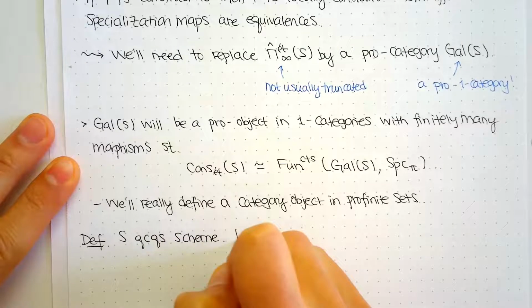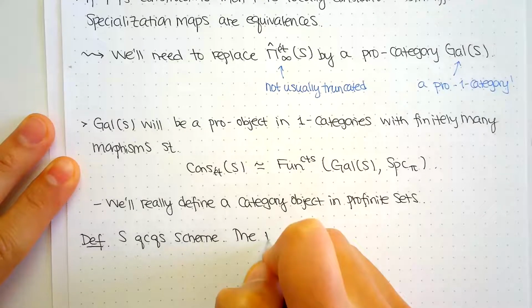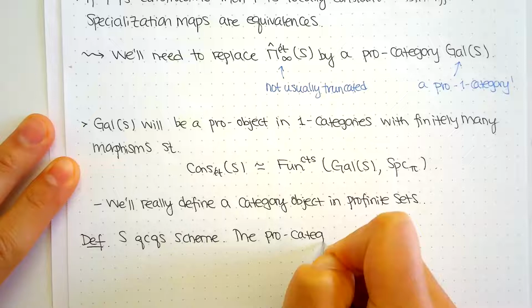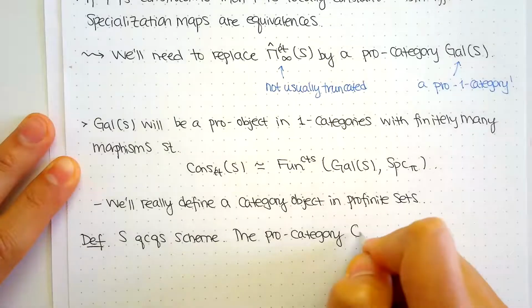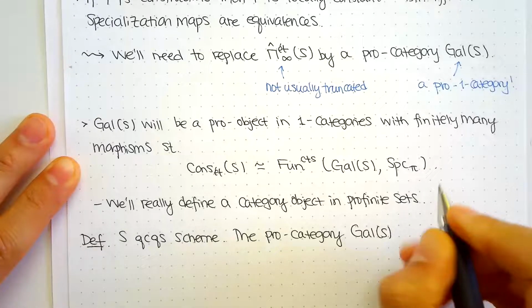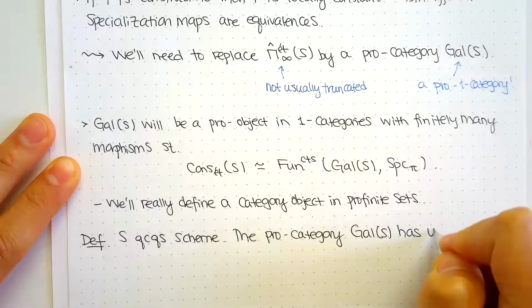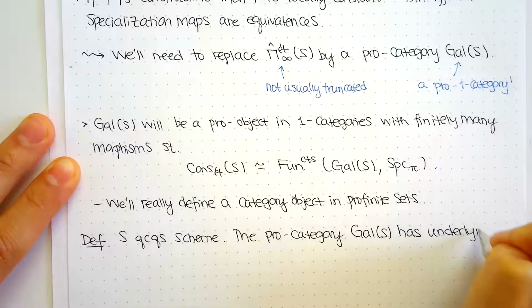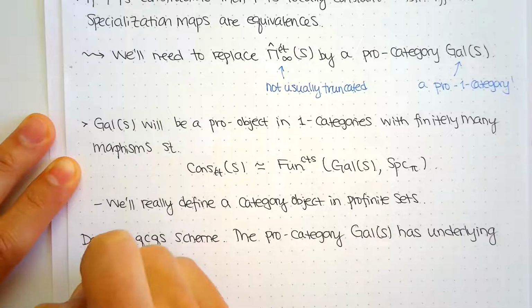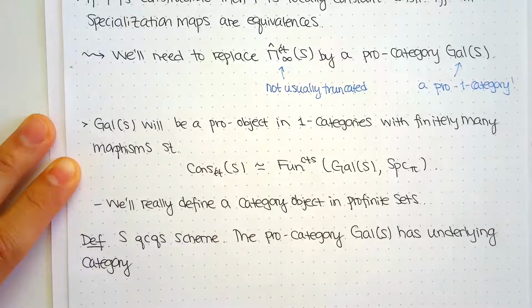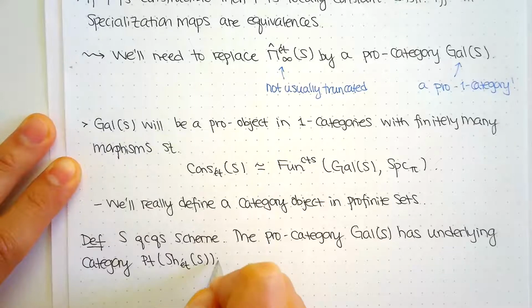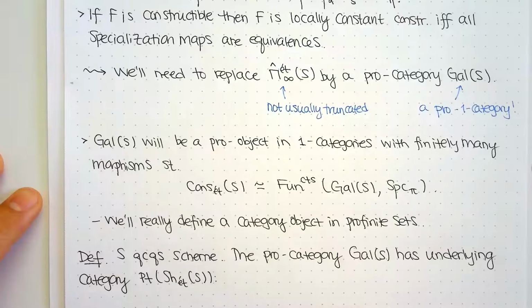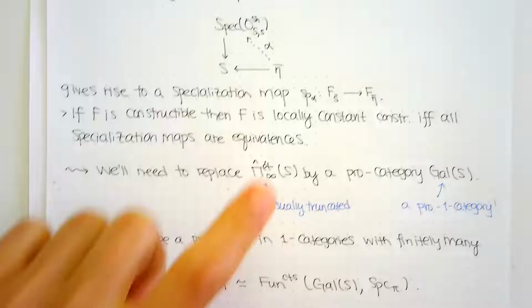And so the pro category, which I'm going to describe as some category object in profinite sets, Gal S, is going to have underlying category, the category without a topology, the category of points of the étale topos of S. What that is basically is it encodes the data of the geometric points, and it will encode the data of these specializations.